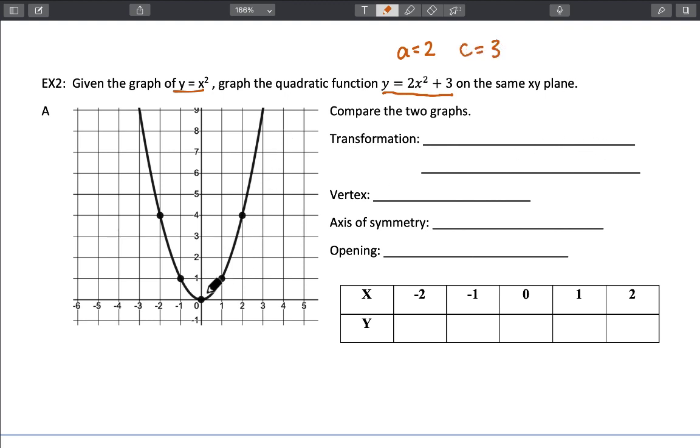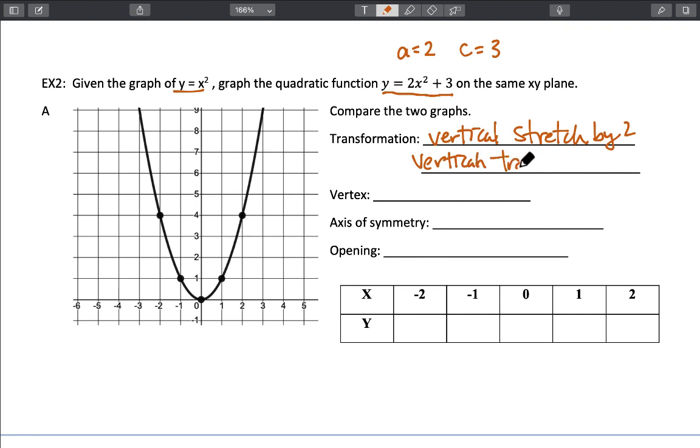Our parent function is graphed right here, and we can see it goes to the origin, and 1 over, 1 up, 2 over, and 4 up. We want to compare this by understanding the transformations that happen. First of all, a tells us that it's a vertical stretch by a factor of 2. And then the positive 3 here represents that it's a vertical translation.